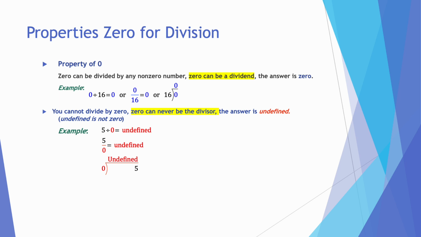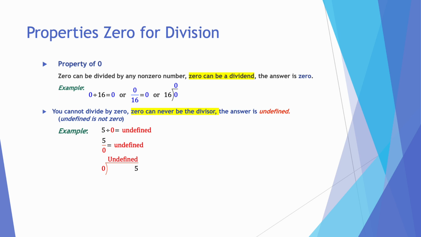If I set it up as a fraction, the numerator can be 0, and you would have 0 over 16, and that would be 0. Or if you set it up in the house system, you can divide 16 into 0, where 0 is the dividend, and the answer is 0. So 0 can be a dividend, okay?